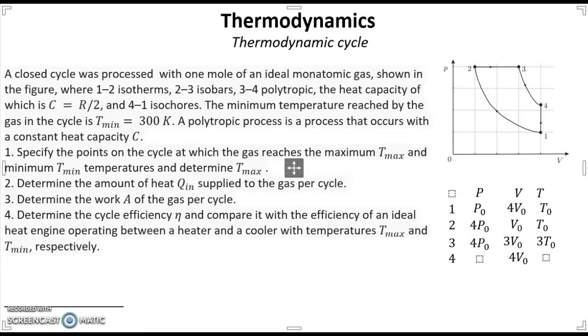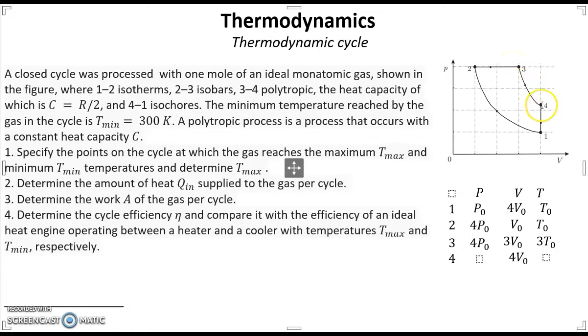Second thing, during this investigation, it is a good idea to draw this table where we can show all macro parameters for the process like pressure, volume and temperature. From this diagram we can see all these volumes, pressures and temperatures for points 1, 2 and 3.